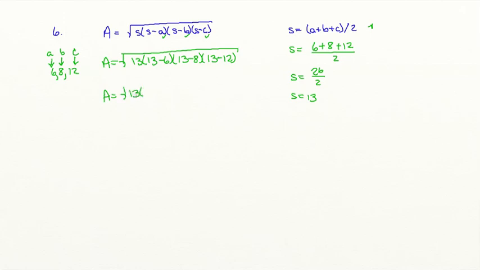Stuff inside the brackets is done first. Okay, let's multiply all that together. So the area is the square root of 455 centimeters squared, because area is squared.